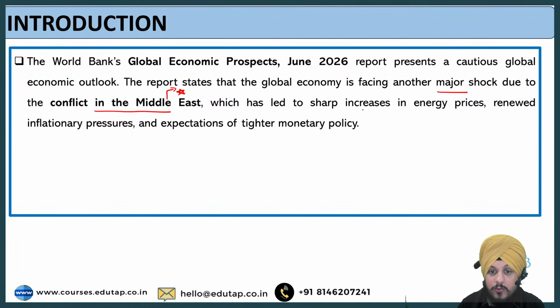This has led to a sharp increase in energy prices, renewed inflationary pressures, and expectations of tighter monetary policy. We are going to see the explanation of these keywords also, how it has led to an increase in energy prices and impacted inflation and monetary policy.